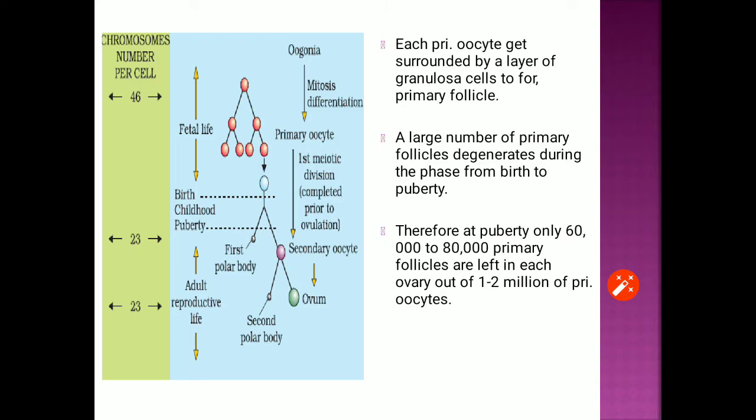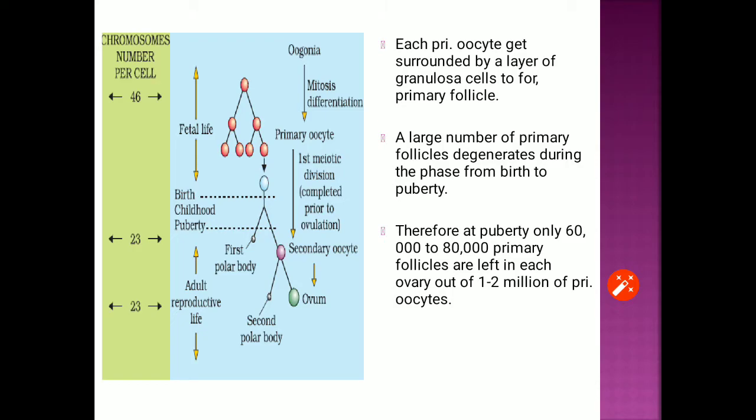This is termed as follicular atresia. It is a very important definition for board exams. Therefore, at puberty, only 60,000 to 80,000 primary follicles are left in each ovary out of millions of primary oocytes.